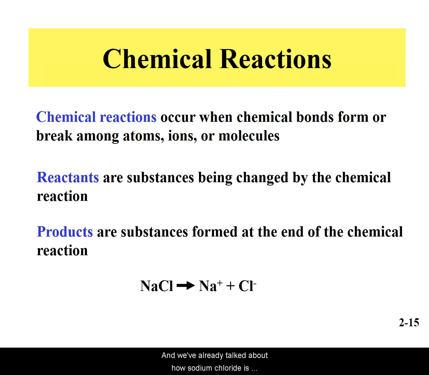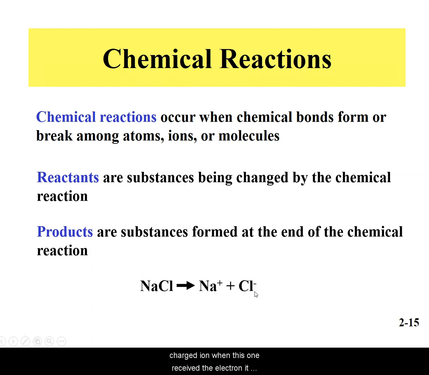And we've already talked about how sodium chloride is formed, but here's the breakdown of sodium chloride into sodium and chloride. And remember that that one electron that sodium had in its valence shell is now gone, so this sodium is safe, and that chlorine that received the electron, this became an anion, this one became a cation, a cation and anion, positively charged ion and a negatively charged ion.